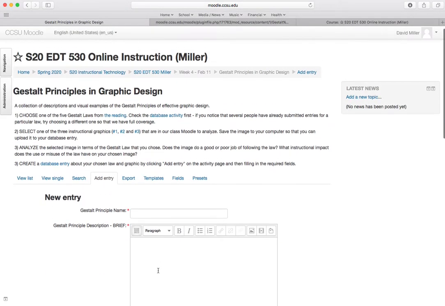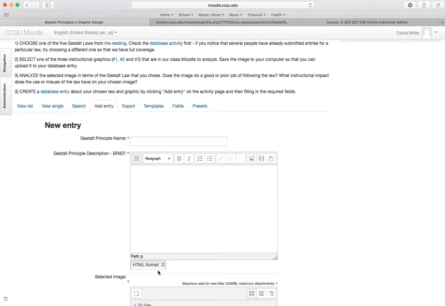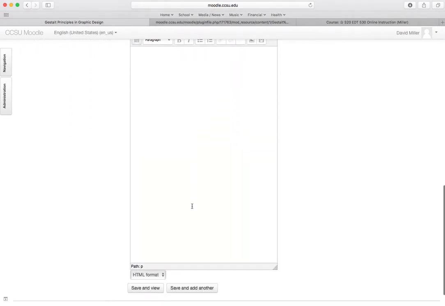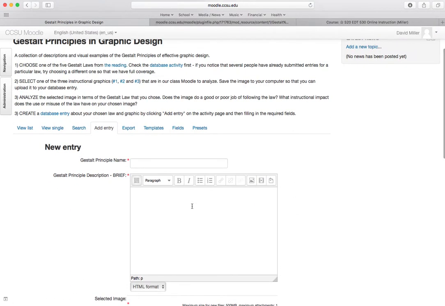Then you also can set up the way that the data is viewed. You can set up a default template so that when the viewers go in and look at it, you can kind of format how they see the content that the users have put in. So that is the main difference between the database and the glossary activity we did last week.